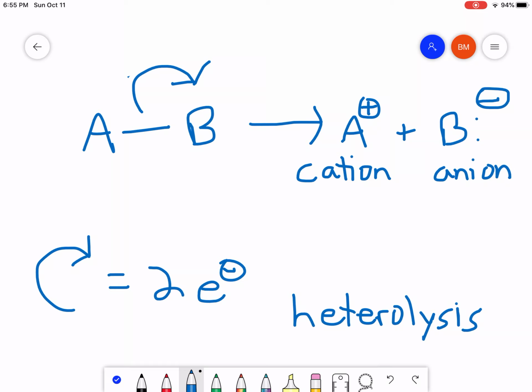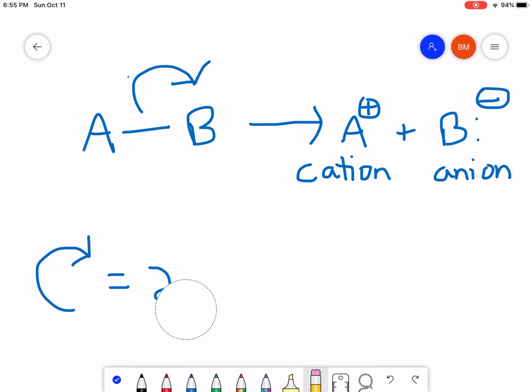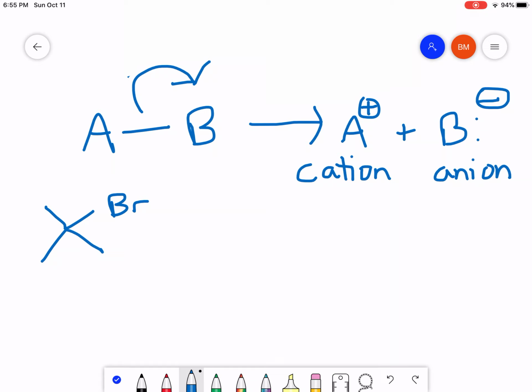One thing that's important to note is that organic chemistry is about carbon-containing species, so a lot of times we're going to see charged carbon species. For example, let's say we had this guy. In this case, it's very possible for this Br minus to detach itself from that carbon.